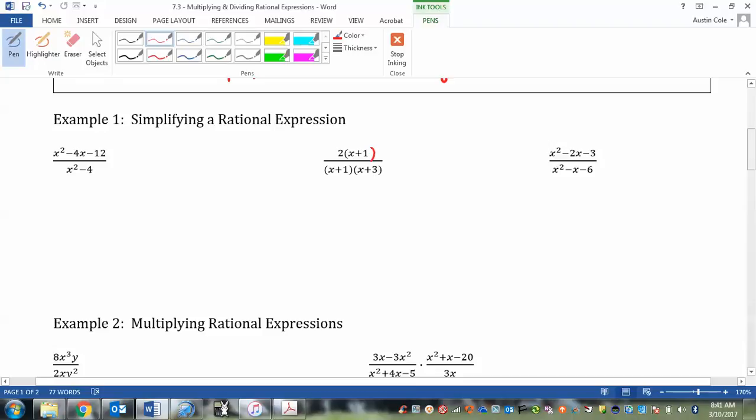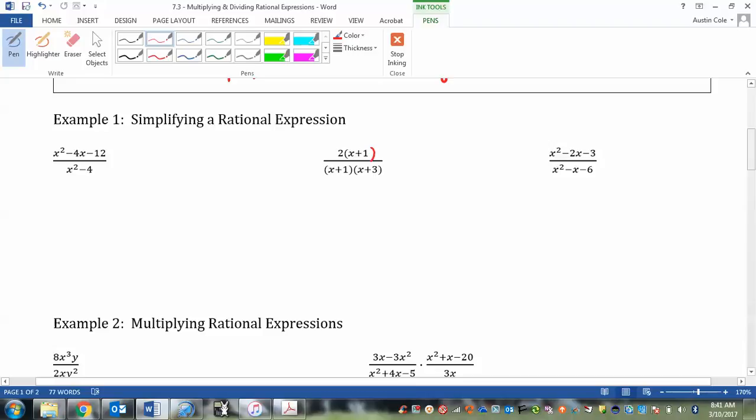Okay. Yeah? You're on the right track. Yeah, there's 2 of them. Would you guys agree that the second one is factored? Yeah. Does that make sense? The first and the third one are in expanded form, but the second one is factored.